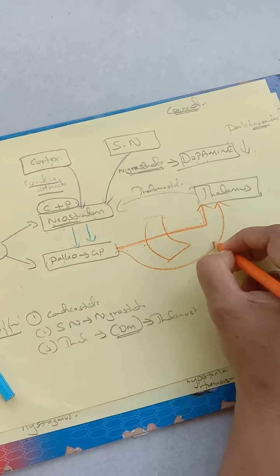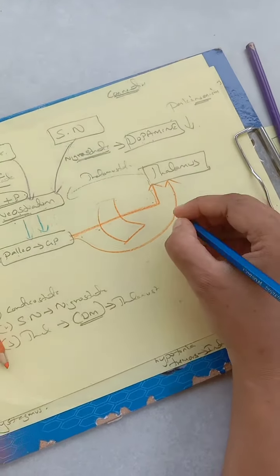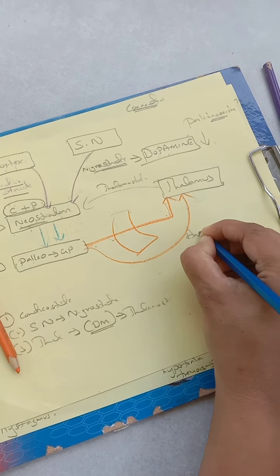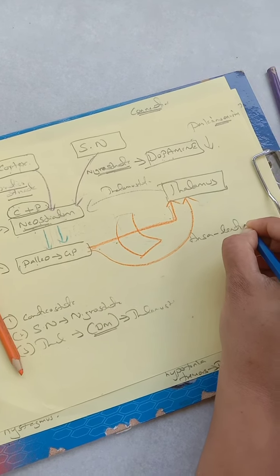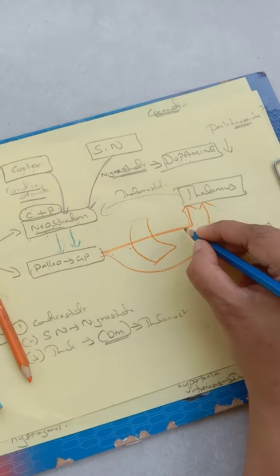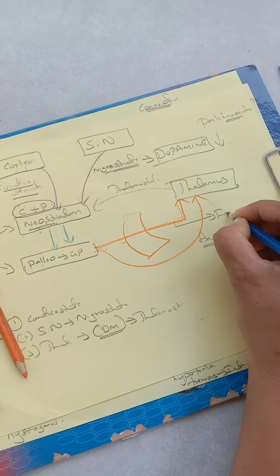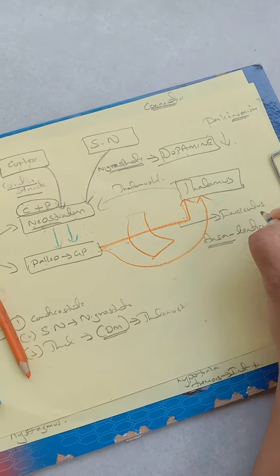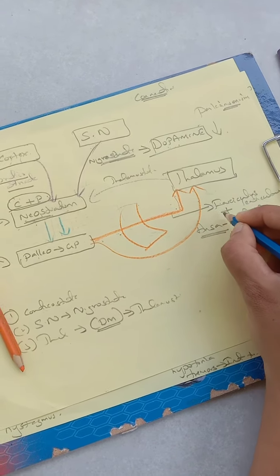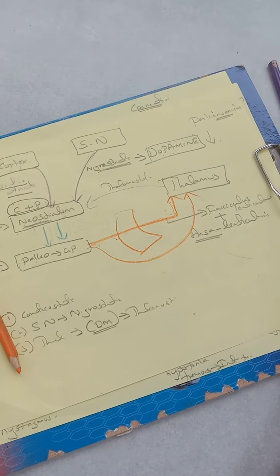The one which takes a loop is called ansa lenticularis. Ansa means loop. The other is called fasciculus lenticularis. Ansa lenticularis and fasciculus lenticularis.